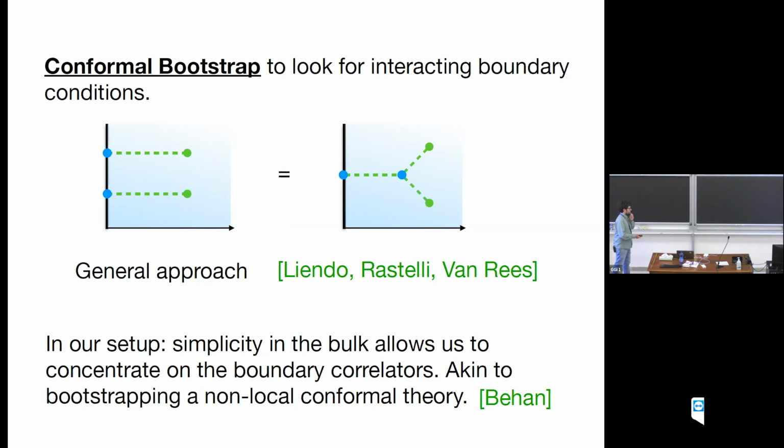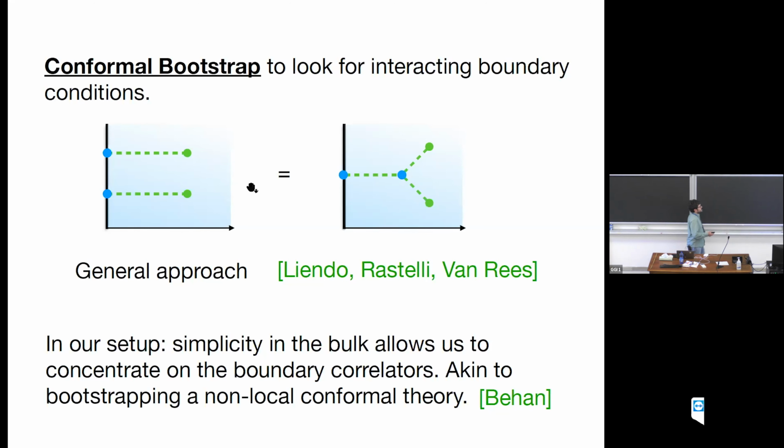So one approach that has been studied is to use this kind of crossing equation. So what is this? Maybe I should explain. We consider a 2-point function in the bulk, and then we have two different kinds of OPE decompositions of this 2-point function. One in which we push the two operators to the boundary, and then we get a sum over boundary 2-point functions, and another channel in which we fuse them in the bulk, and then we get a sum of bulk 1-point functions.